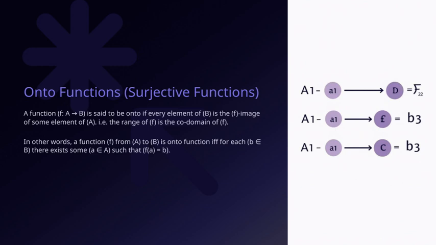This idea of onto functions, also called surjective functions, is fundamental because it ensures that the function is covering its entire target set. This concept ties into the broader theme of understanding how functions map elements from one set to another, and whether they do so completely or leave some elements out. Recognizing whether a function is onto helps us understand the extent of its coverage and its role in various mathematical contexts.